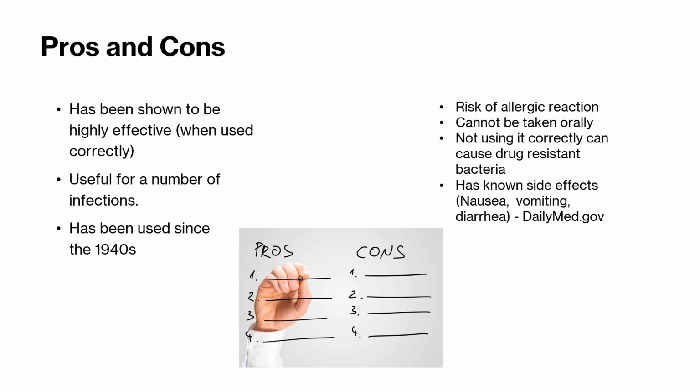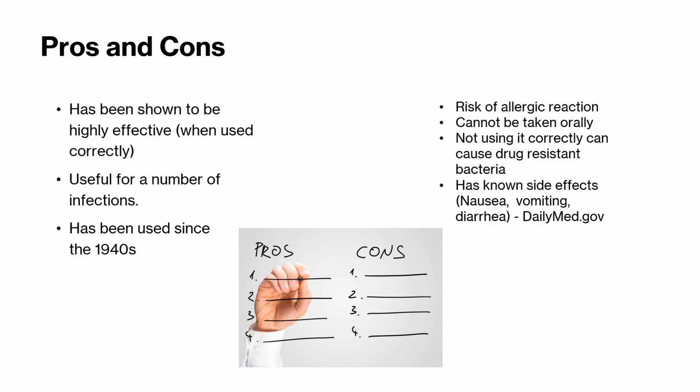And now for the cons. There is a risk of allergic reaction, and I believe that's just for most drugs out there. It cannot be taken orally, so if you do have a fear of needles, I'm sorry. This is kind of the most you can do for this form of penicillin G, at least.